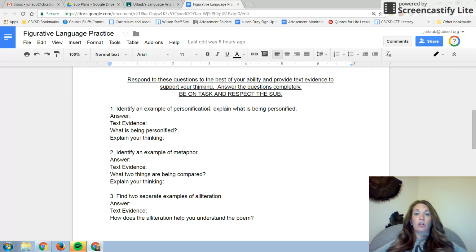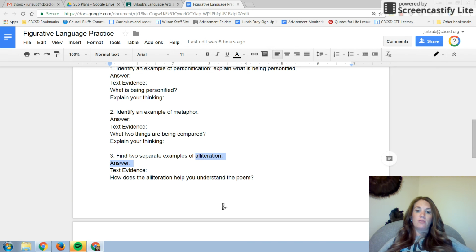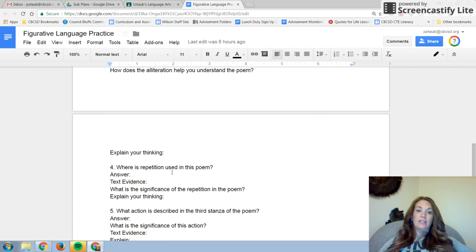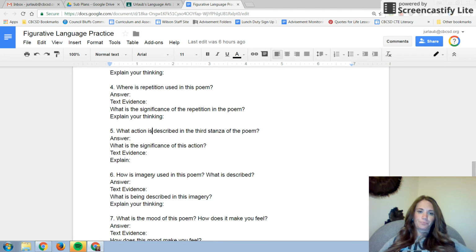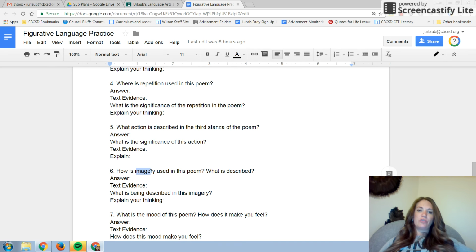In this poem, Carl Sandburg uses a lot of figurative language. There are examples of personification, of metaphors, of alliteration, of repetition. There are examples of action. Action would not necessarily be figurative language unless the author used descriptive language to describe the action, or imagery or something similar. There are examples of imagery in the poem, and then there are examples of mood in the poem.